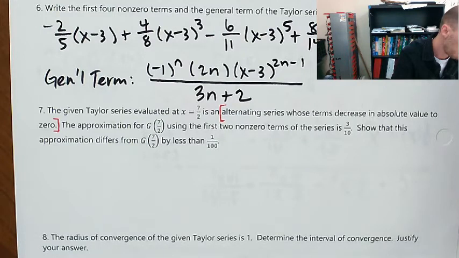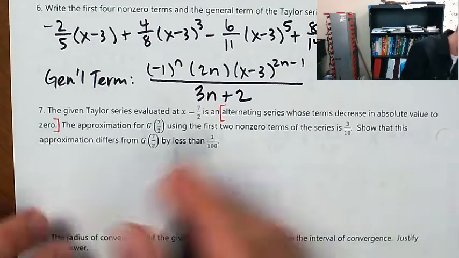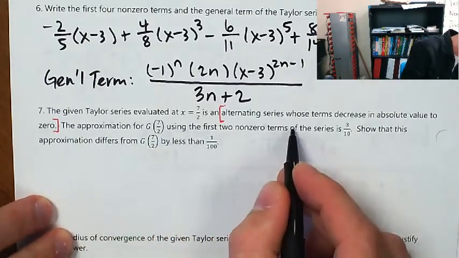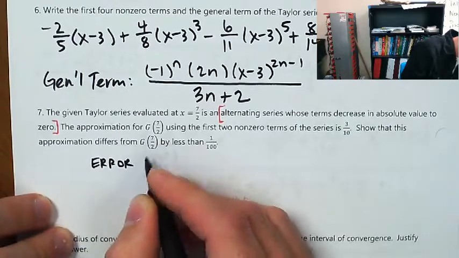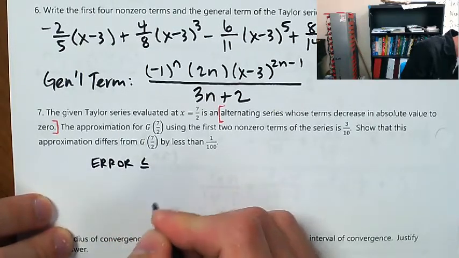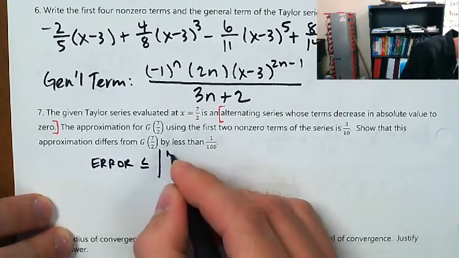Cool. So this approximation differs from g of 7/2, the true value, by an amount less than 1 over 100. So if we're using the first two non-zero terms, the error is going to be no more than the absolute value of the next term.